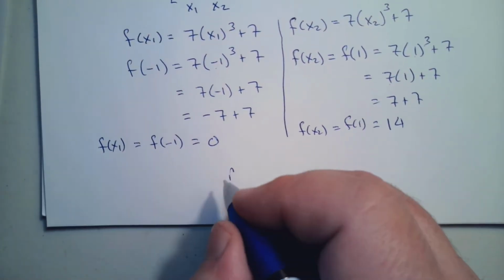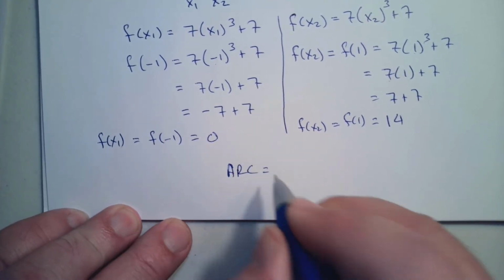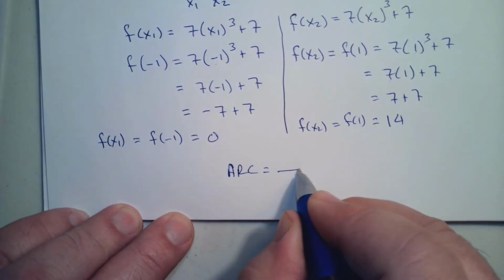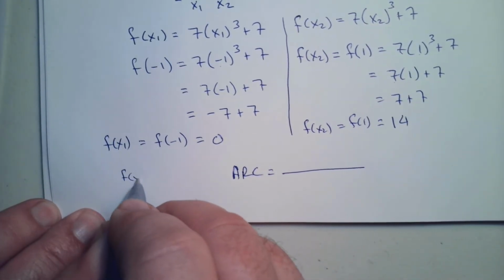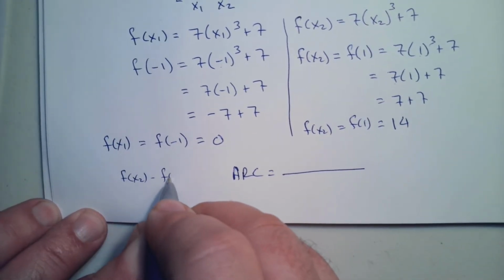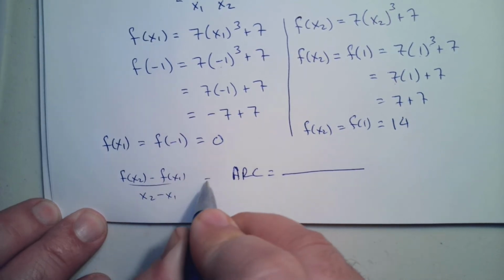So the average rate of change is f of x2 minus f of x1 over x2 minus x1.